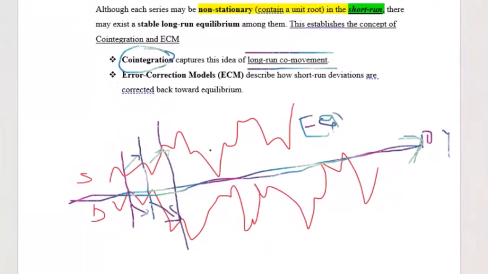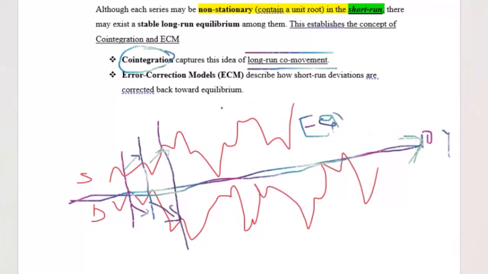Then there is a model which we call the error correction model. This error correction model, ECM, is the one that adjusts these short run movements in such a way that in the long run they will establish an equilibrium, or in the long run they will move together.